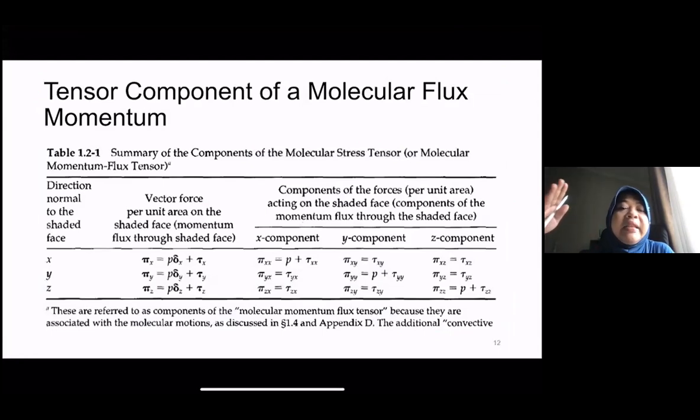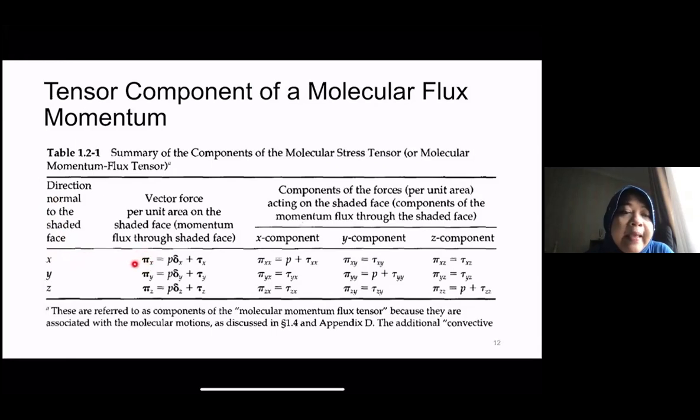So you can imagine that if we consider things in the x, y, and z, that means there is a direction normal to the shaded x, then to the y, and also to z. For example, for the direction normal to x, we have the molecular momentum flux, we call it.